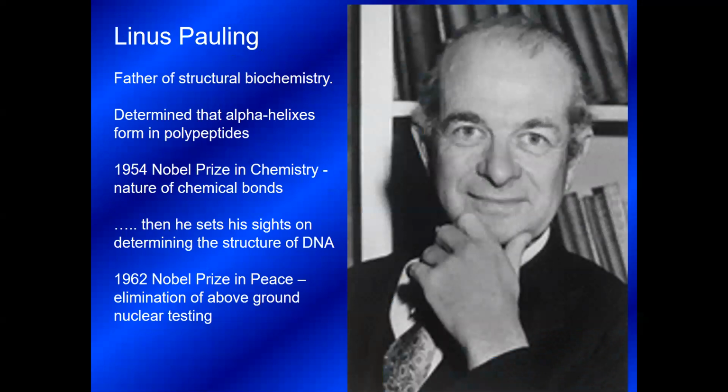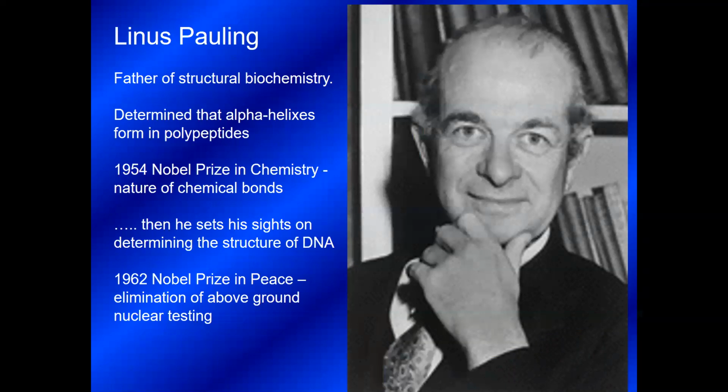The next individual that we should really talk about when we talk about the discovery of DNA or any discoveries in biochemistry is Linus Pauling. Linus Pauling was an amazing scientist, and he's sort of the father of biochemistry.